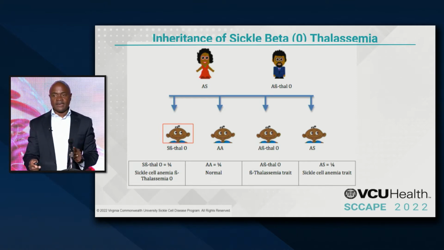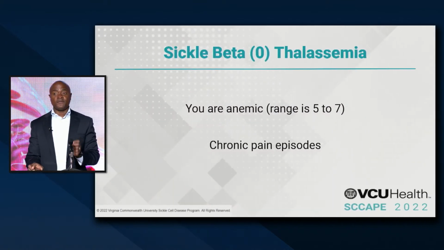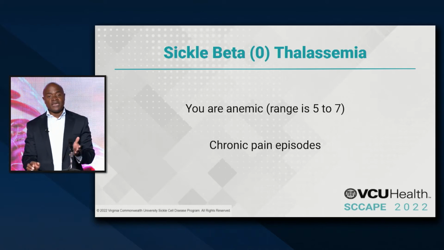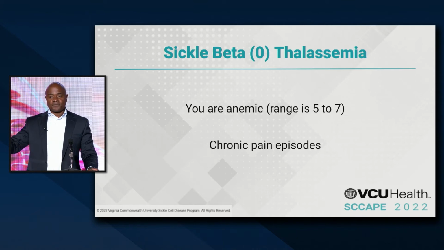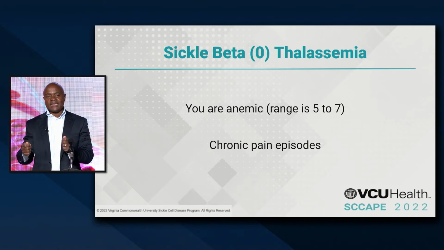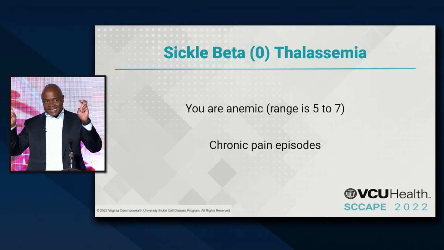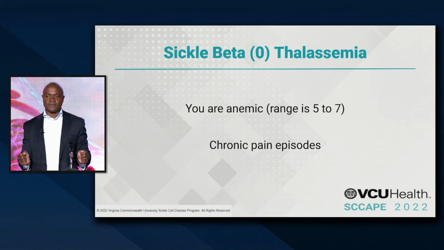And this variant tends to be as significant when it comes to clinical symptoms as the classic one, hemoglobin SS. So they tend to have much lower hemoglobins, and they tend to have just as many sickle cell crises as somebody with the classic form of sickle cell disease.